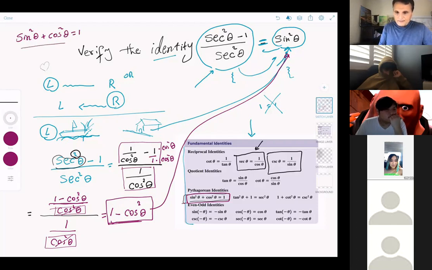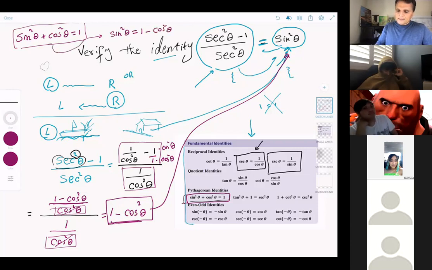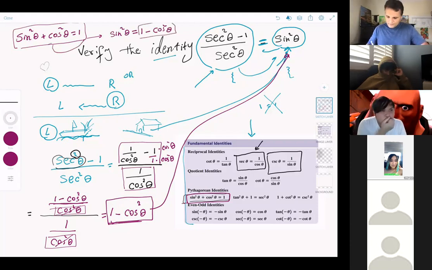From this one, if I keep sine square on one side and subtract cosine squared, I see 1 minus cosine squared theta equal to sine squared theta. So instead of 1 minus cosine squared, I can put sine squared theta. And we proved it, and we're done.